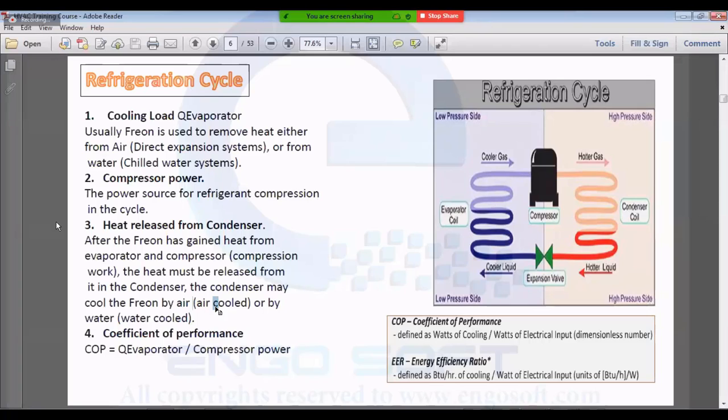There is a term in refrigeration cycle called the coefficient of performance. What is coefficient of performance? It is the Q evaporator over the compressor power. So what is the main output of the cycle? What is the purpose of the refrigeration cycle?